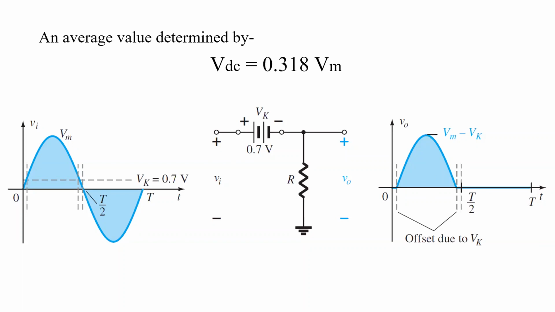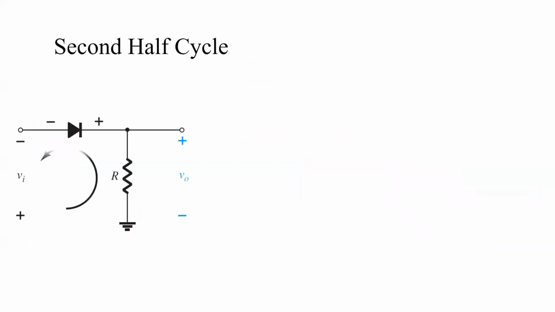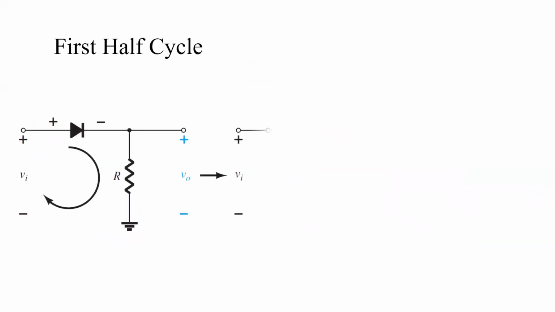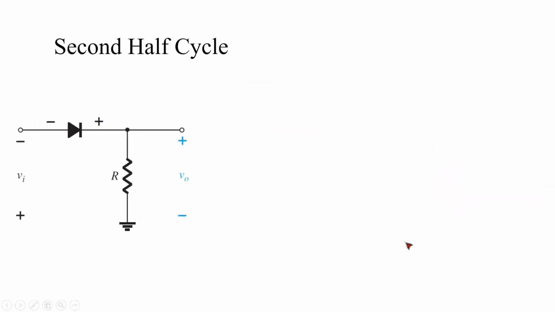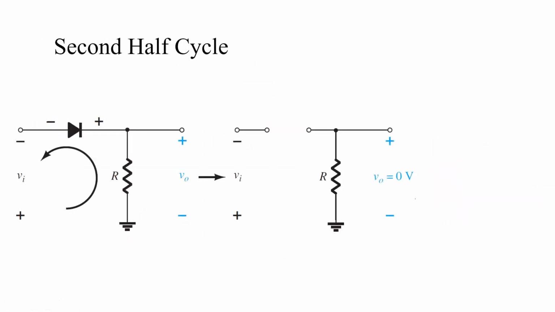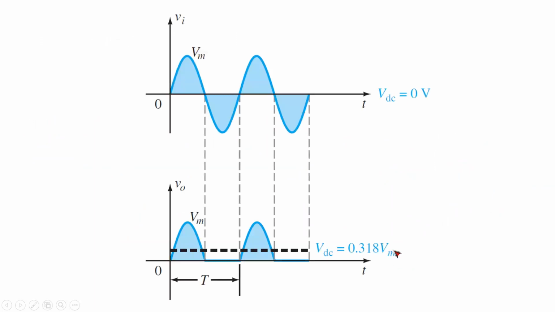Previously your DC level was this one. Here the highest value was Vm. That's why your DC level was 0.318 into Vm, because your highest value was Vm.